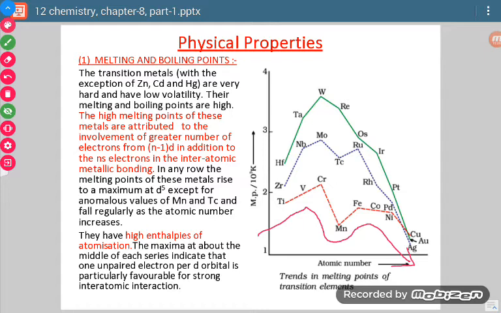In a similar manner, the metallic bond strength starts increasing in the beginning, reaches the maximum value, and then again starts decreasing. In the same way, enthalpy of atomization values also change.